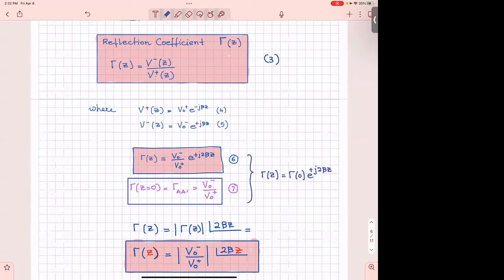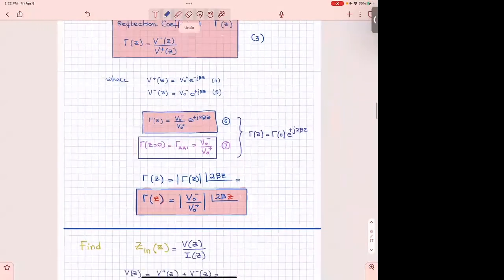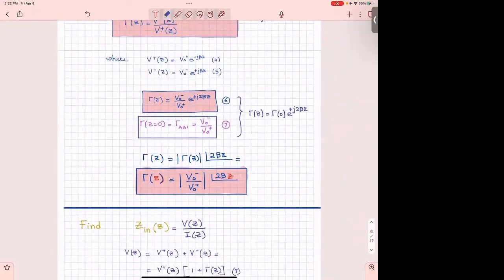Now, you remember that. What does that tell you? That if I move along the line, the only thing that I do to the reflection coefficient is to change its phase. This is the phase to beta z. So the only thing that I'm doing is to change its phase.